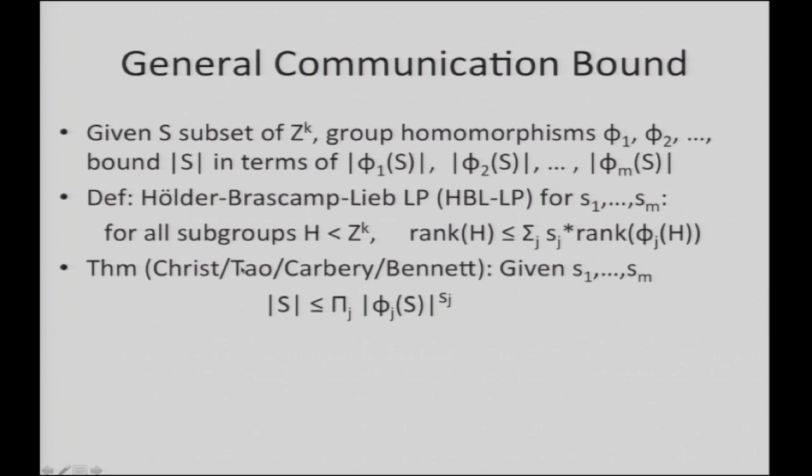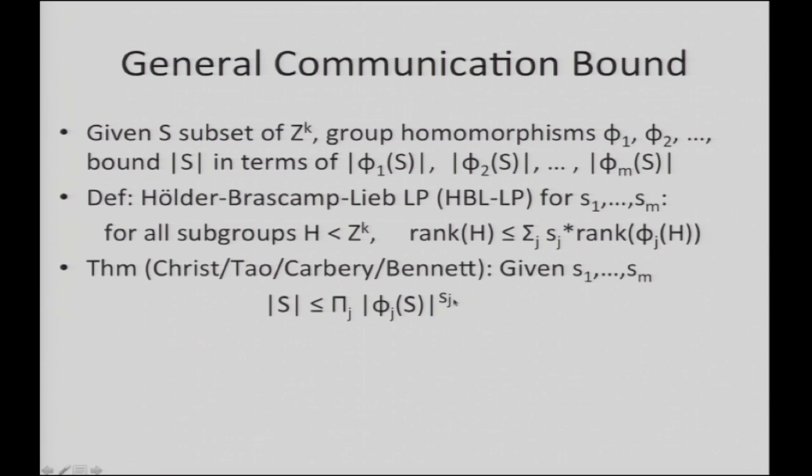So what they proved is that given any S that satisfies this linear program, the number of points in that black blob is bounded by the product of the shadows to those powers. So this is half, half, half in the case of matrix multiply.